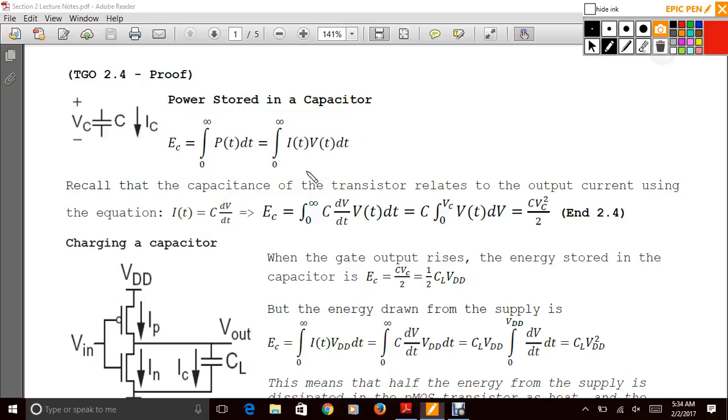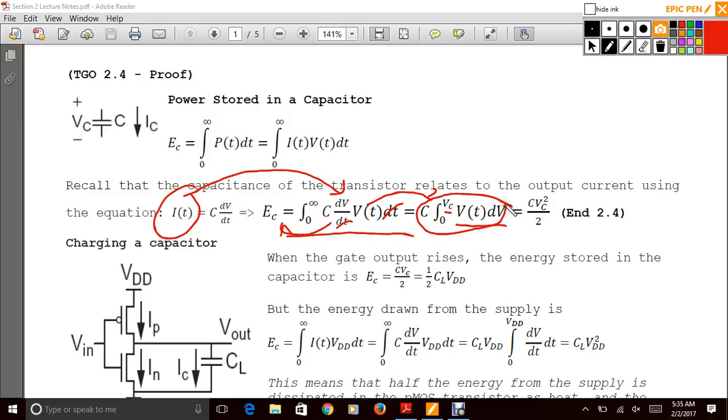And so you plug in I of t here, C dV/dt, and these are going to cancel out. What you're going to see is you bring out the capacitance, it's a constant. So the voltage goes from 0 to V of C, V of t dV. So this becomes capacitance times the voltage on the capacitance squared over 2.